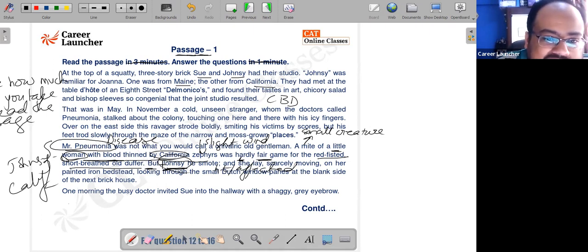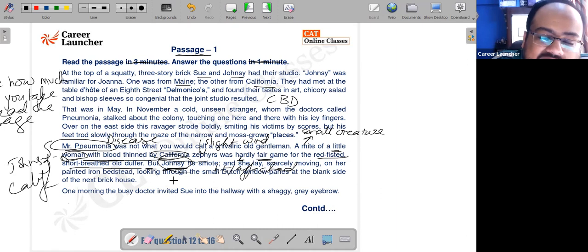And because this context is of a woman who's come from California, we can safely say that John C. is the one who is from California. That is what the third paragraph was about. The language of the third paragraph is not direct, not literal language, it is figurative language.